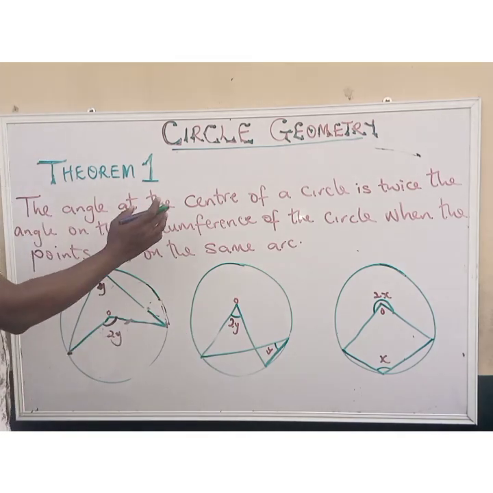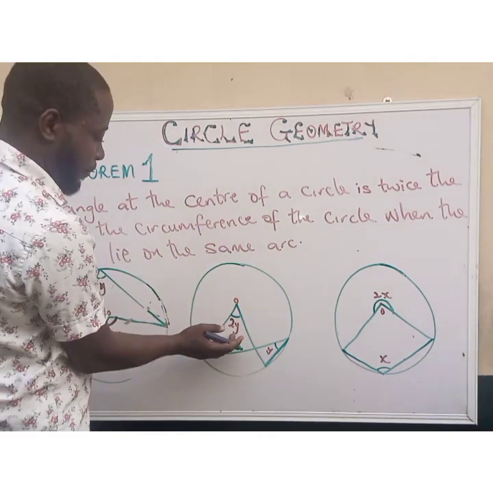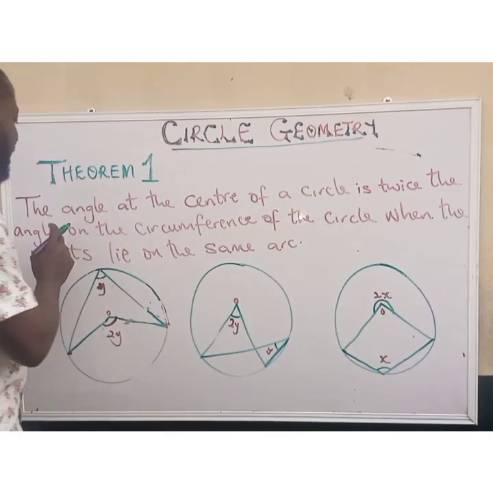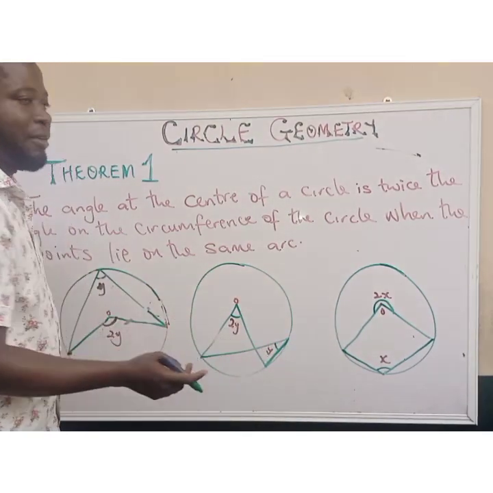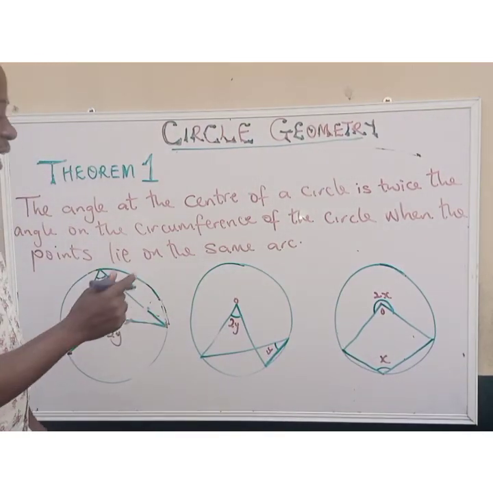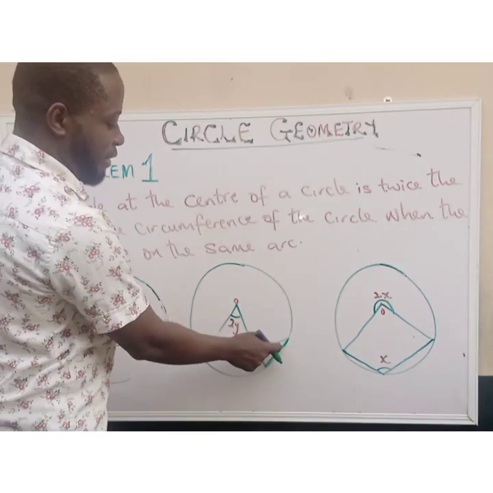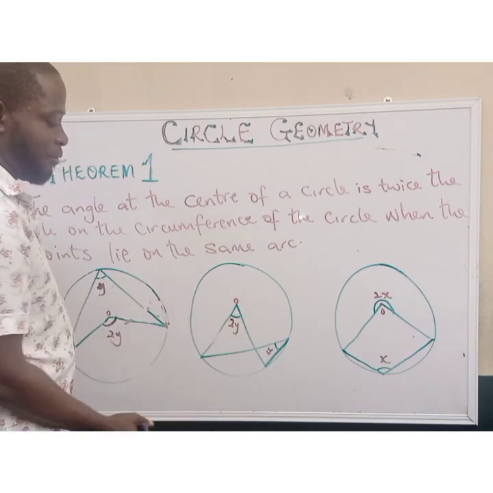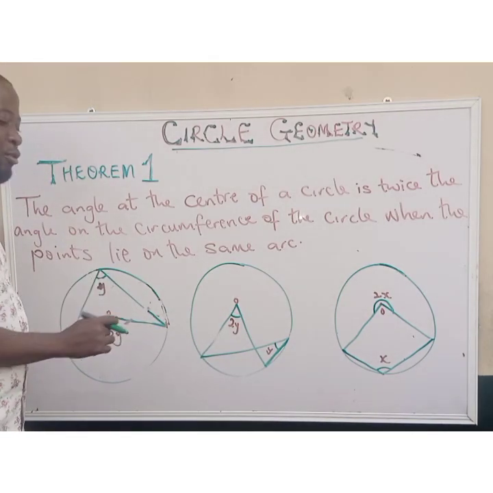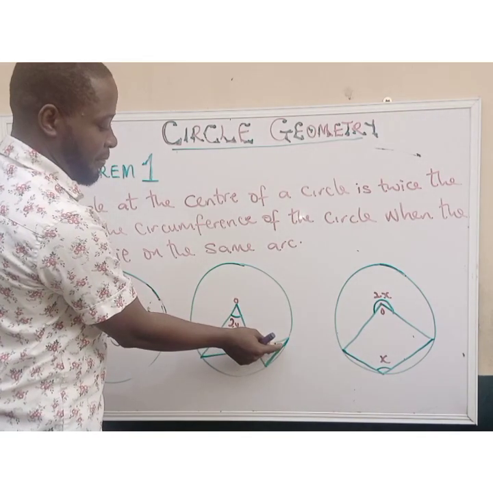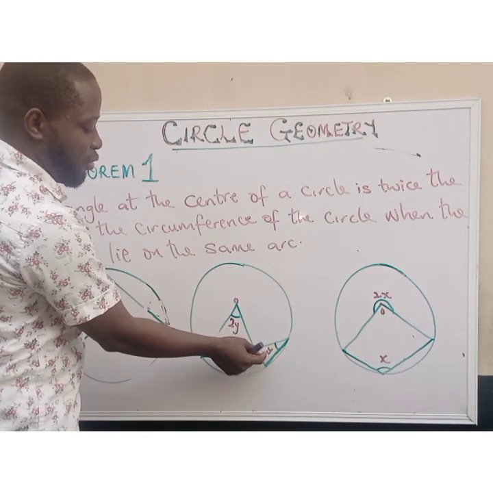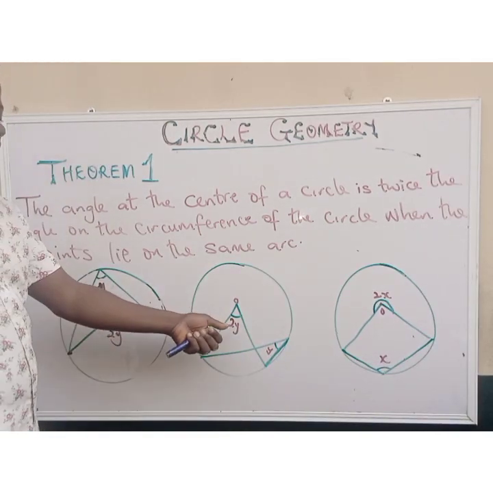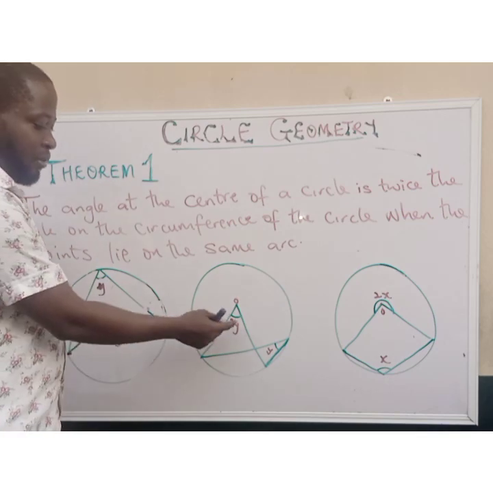The angle at the center of a circle is twice the angle on the circumference. So you have to take note of this point. Any angle at the circumference, no matter which area of the circumference it is, so far as the angle touches the circumference, it is going to be half of the angle at the center, or vice versa.